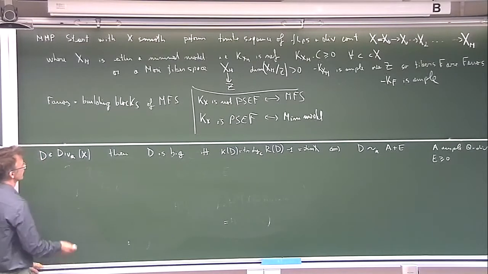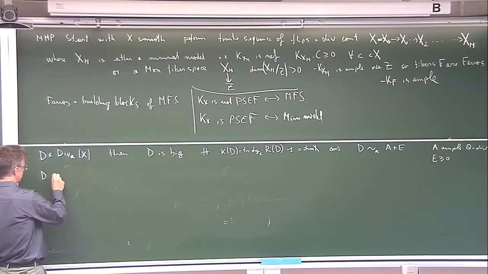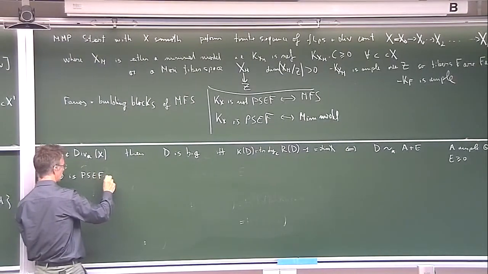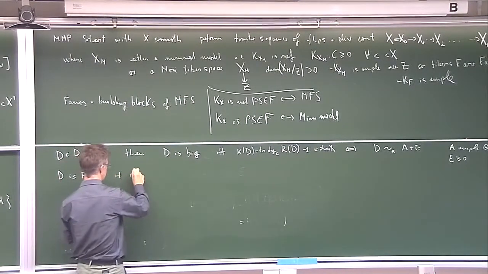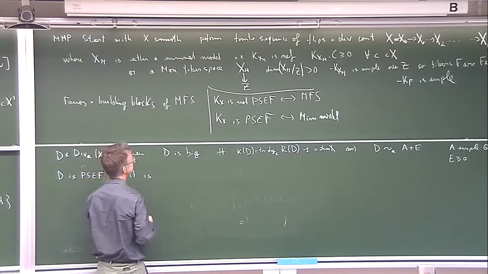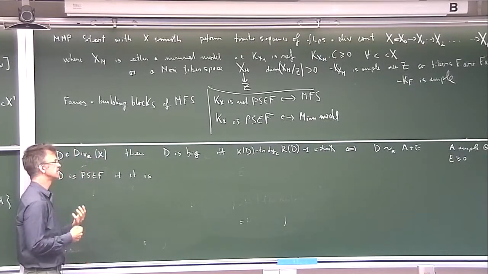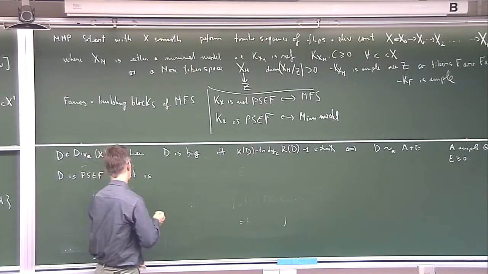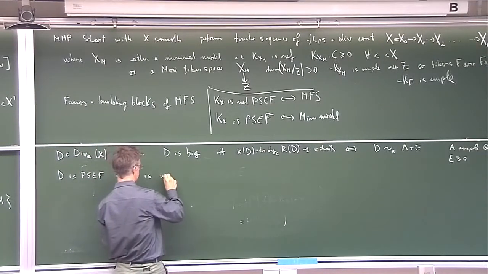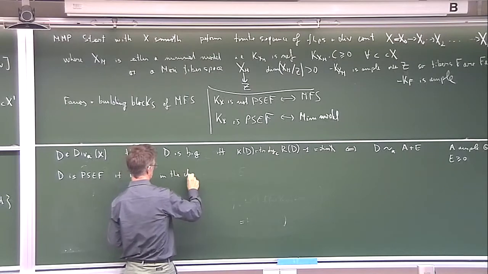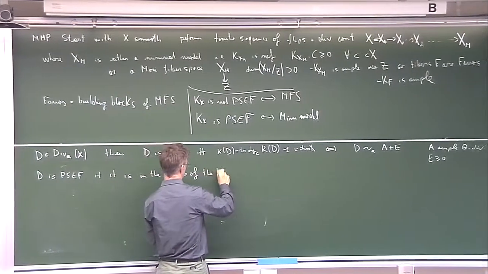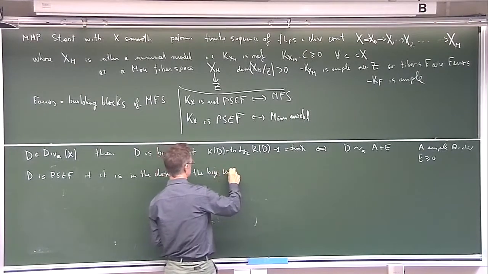Now, D is pseudo-effective if it is a limit of big divisors, if it is in the closure of the big cone.